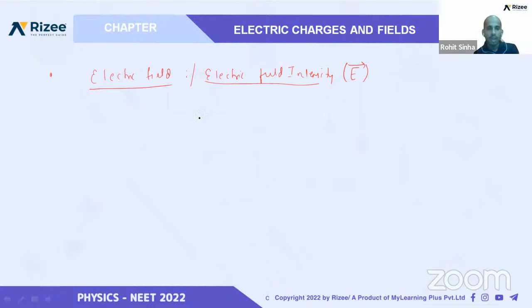What is electric field? First, the basic definition. Suppose we have a charge Q. If charge Q is present, it will produce some region in space around it where it will show its effect.